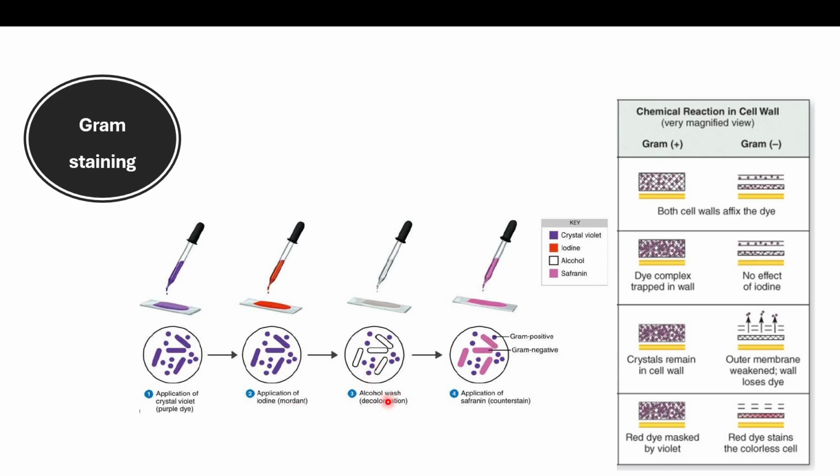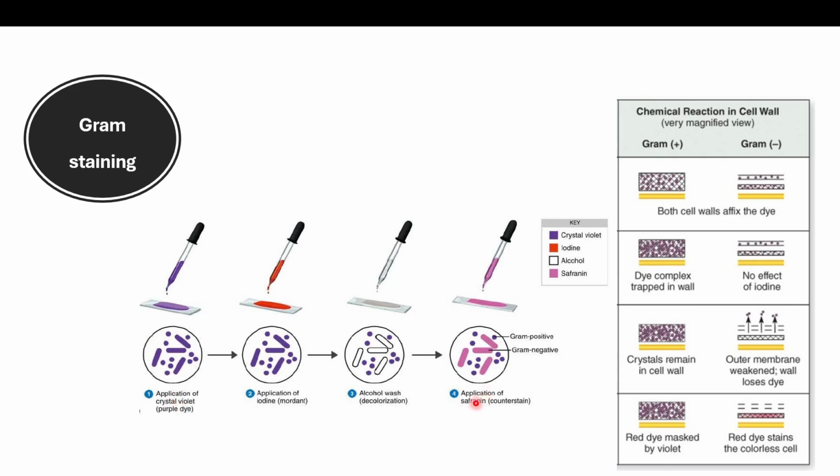And after an alcohol wash, it leads to decolorization. And further, when another counterstain, safranin, is applied, some of the cells get stained with safranin, whereas some of the cells remain colored purple, from the very first crystal violet stain.